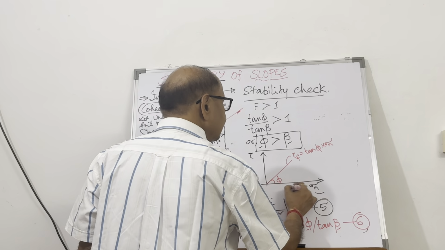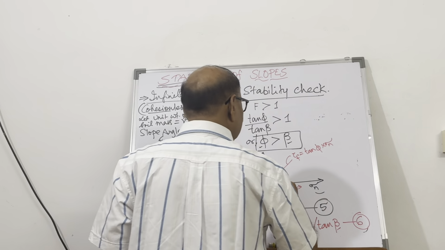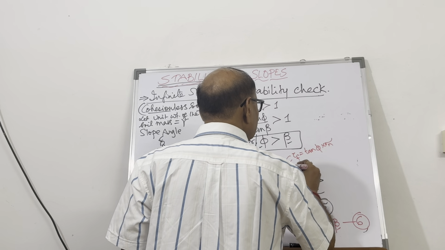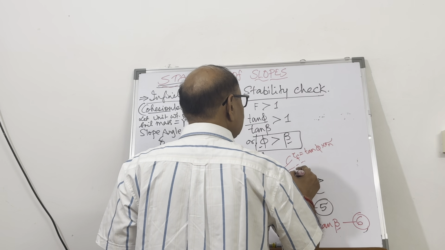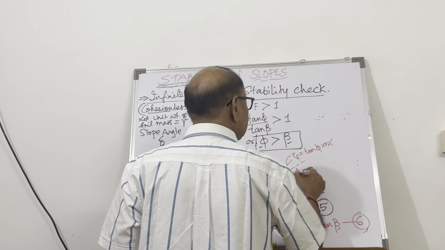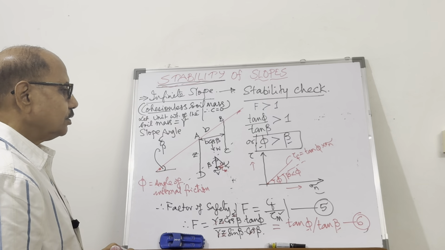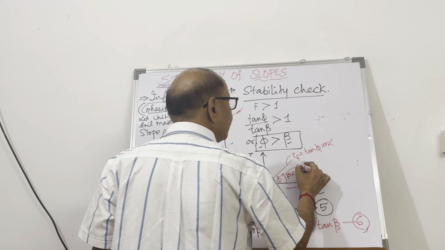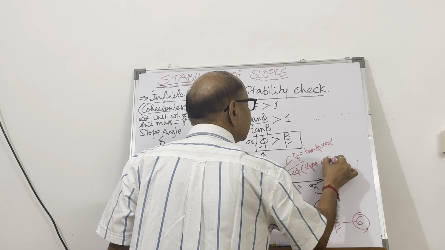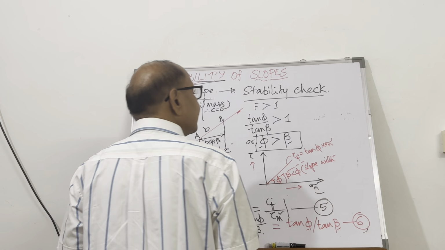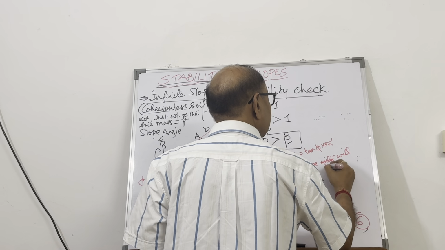So this is sigma n and this is tau. And if the slope angle, let's say this angle is beta, is less than phi, it will never meet the failure envelope, and therefore the slope will be stable.